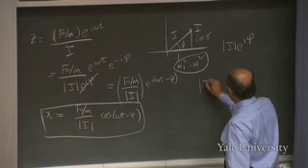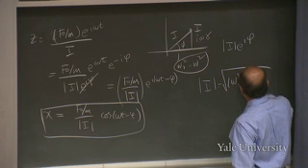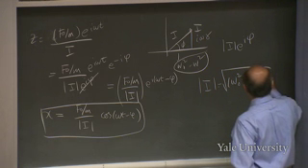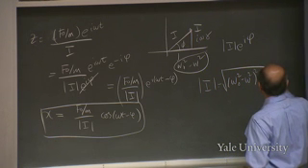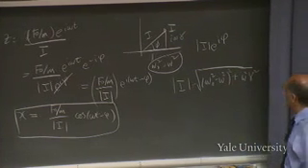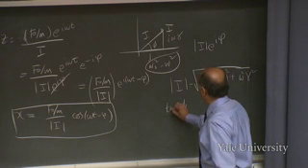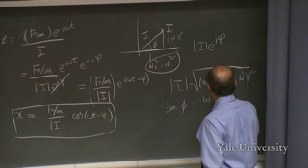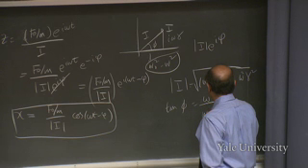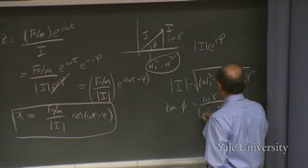Then the absolute value of I is just, by Pythagoras' theorem, the square root of omega naught square minus omega square, all squared, plus omega square gamma square. And the phase phi obeys the condition tan phi is equal to omega gamma divided by omega naught square minus omega square.